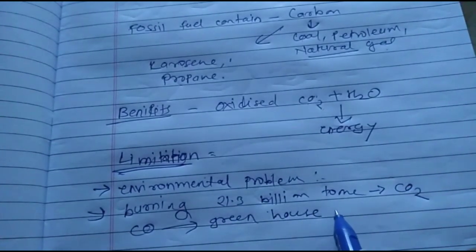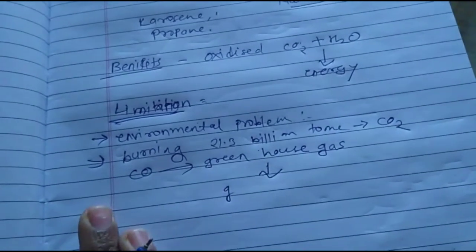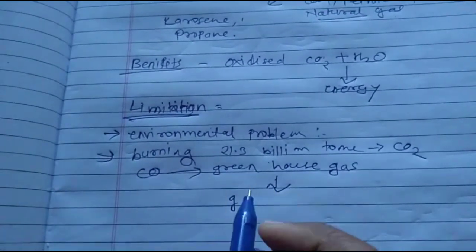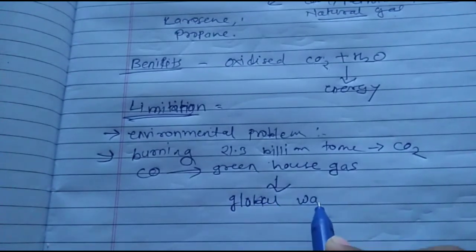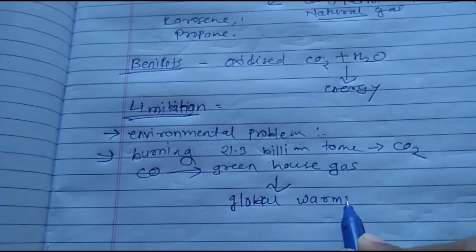It increases the temperature of the environment, enhancing the radiative forcing and contributing to global warming, which causes the average surface temperature of the earth to rise and will cause a major adverse effect.